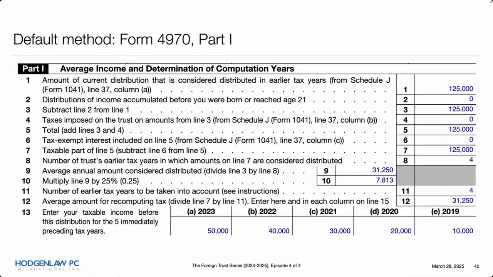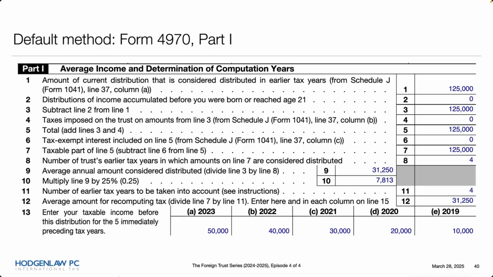So on Form 4970, there's Part 1 and Part 2. It's a one-page form. It's one of these iceberg pages where there's just one page. How hard can it be? Well, there's a lot of on the side kind of work that you have to do to get to that one page. So let's start off. Line 1 is the amount of the accumulation distribution using the default method, 125,000.